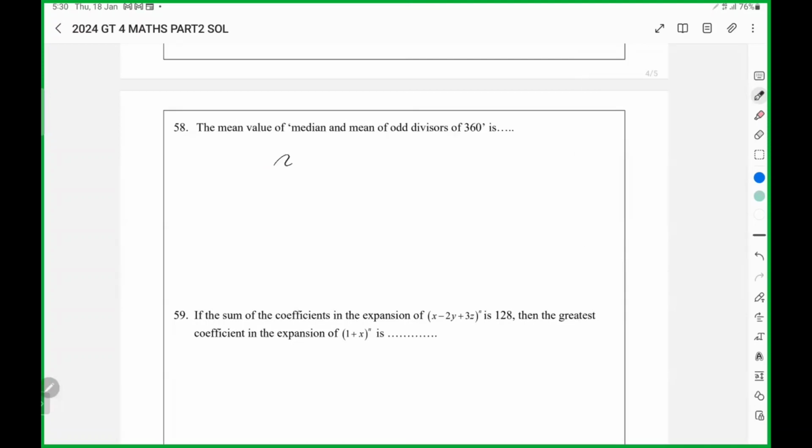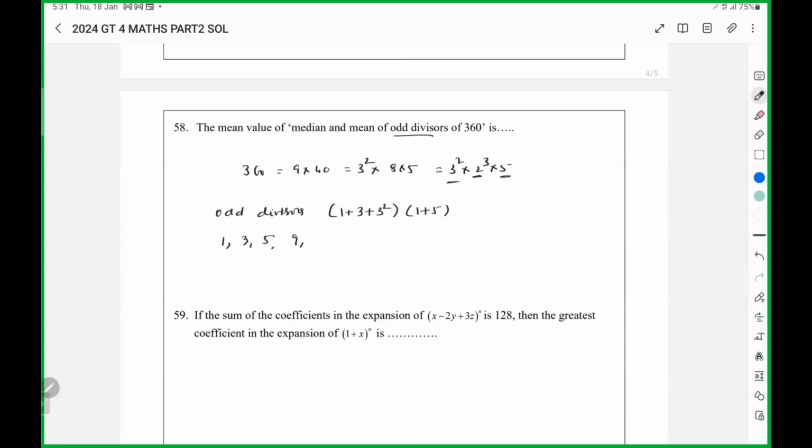Here mean and median of odd divisors. 3 square into 8 into 5. So forget about 2 cube to have odd divisors. So odd divisors will be possibilities. Each element of this product: 1, 3, 5, 9, 45, 15. 6 divisors are there.